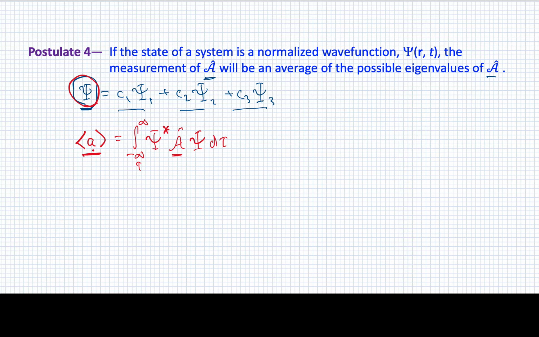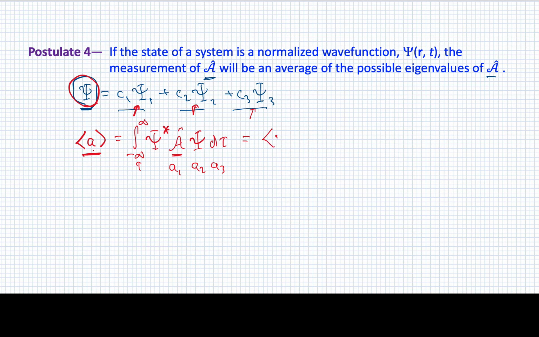So this A is not necessarily A1, A2, or A3, but some kind of weighted average of those. And it's weighted by the probabilities of finding myself in one of these eigenstates, if this corresponded to eigenvalues of A.